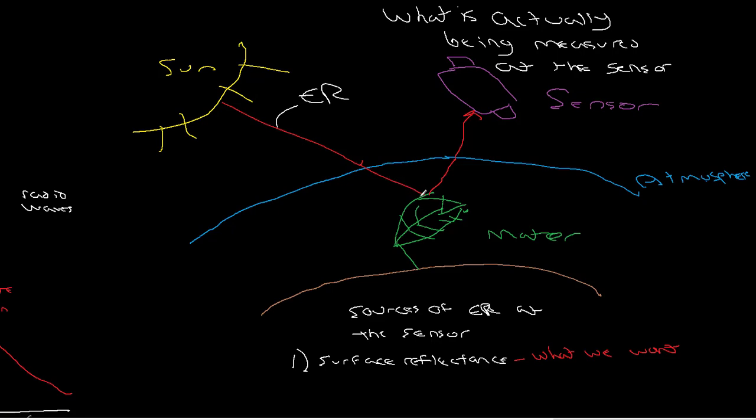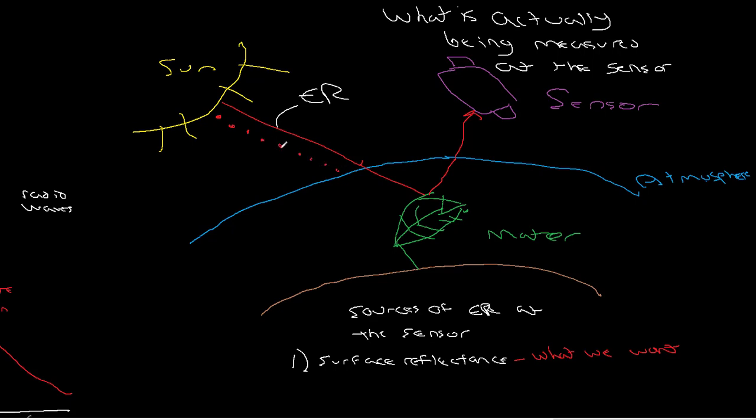The energy that's being reflected off the matter to the satellite, that's pathway 1. Pathway 2, I'm going to try and do this with a dotted line, something like this. We have energy that comes off.